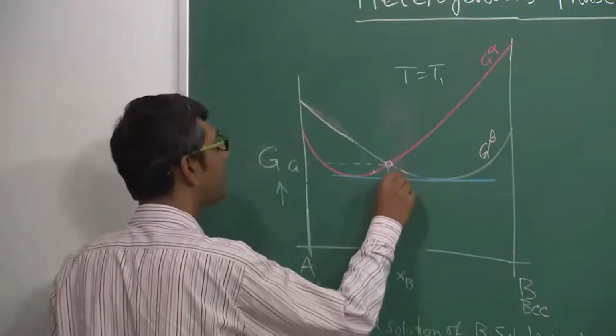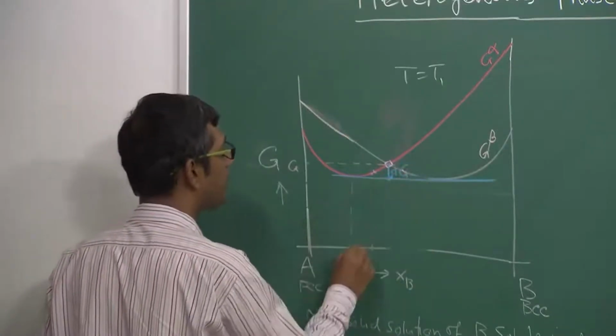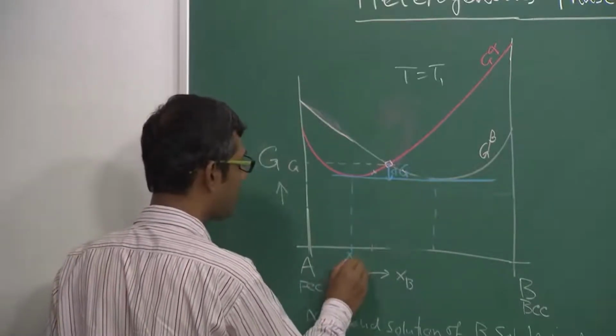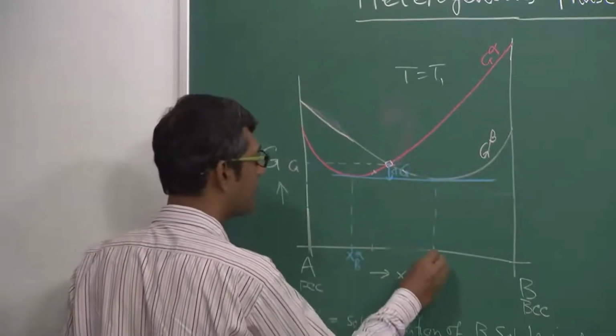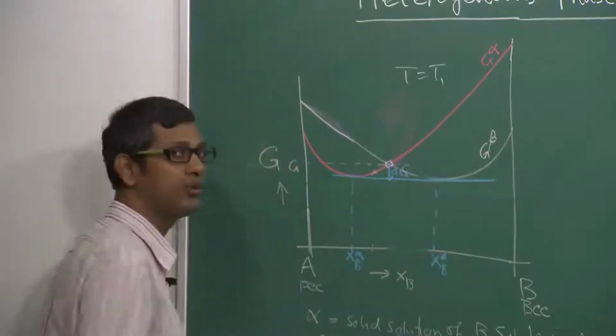So it can reduce free energy by this much, delta G, by forming solutions of alpha having this composition x_alpha and beta having this composition. Correct, it can do that.